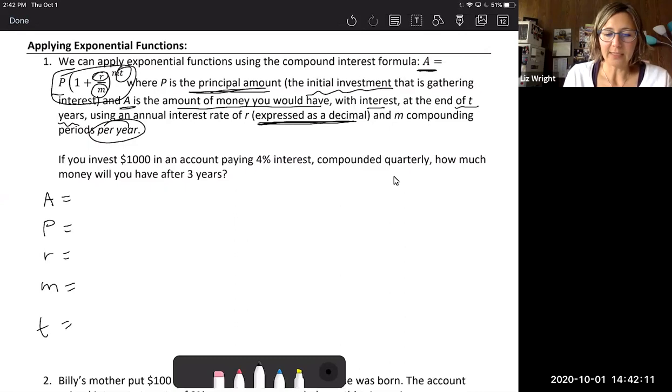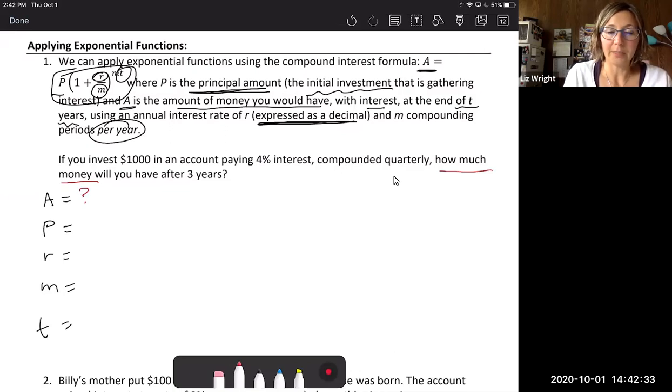So if you invest $1,000 in an account paying 4% interest compounded quarterly, how much money will you have after 3 years? So what are we looking for? Are we looking for the principal or the amount? And I'm hoping you're saying we're looking for the amount, because it's how much money will we have after 3 years. So this is our unknown.